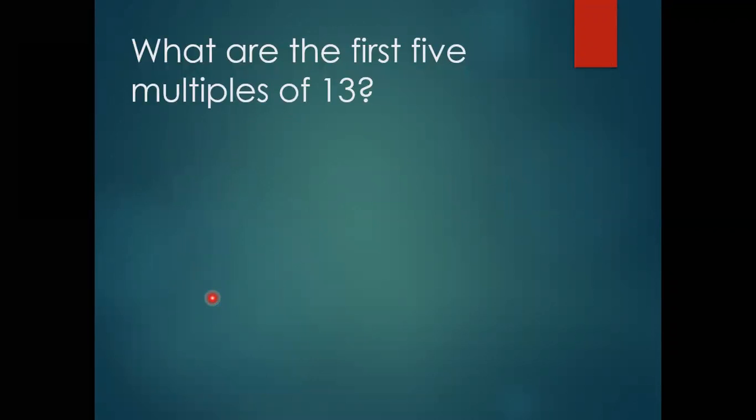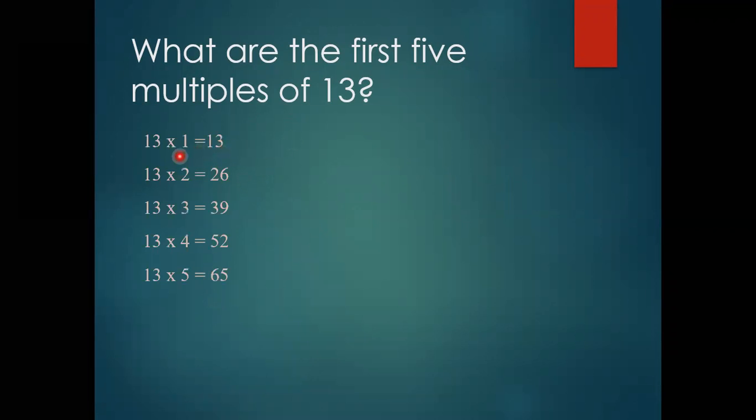Next, what are the first 5 multiples of 13? How to find the first 5 multiples of 13? We multiply the number 13 with 1, 2, 3, 4, 5. Right?